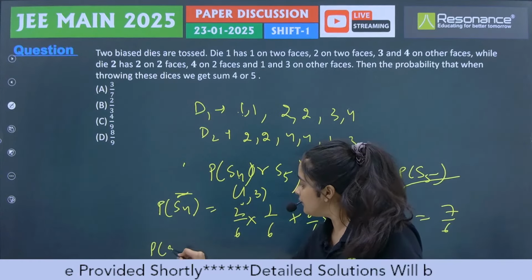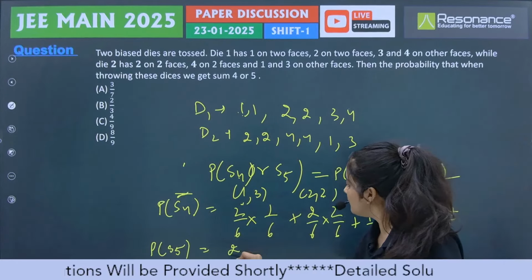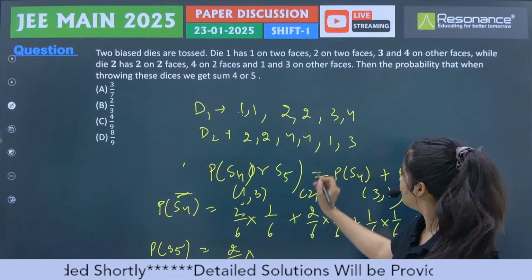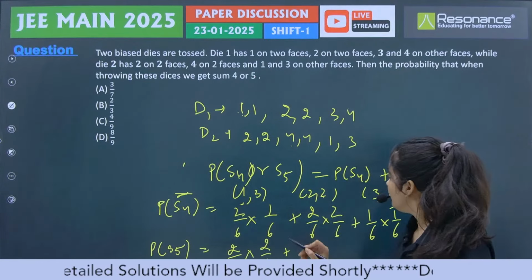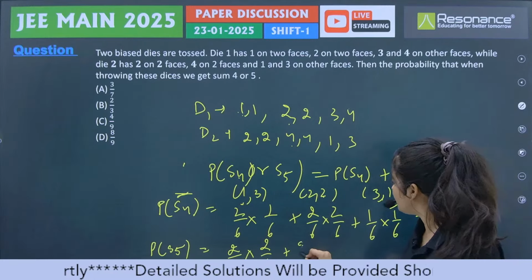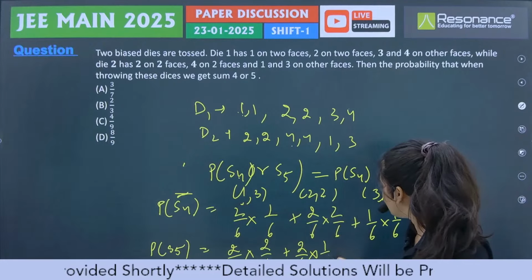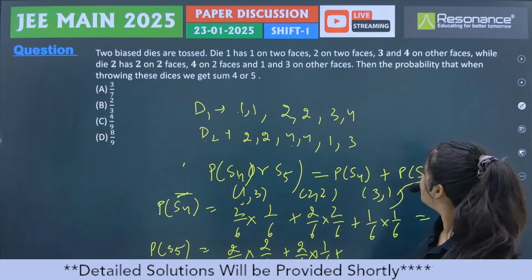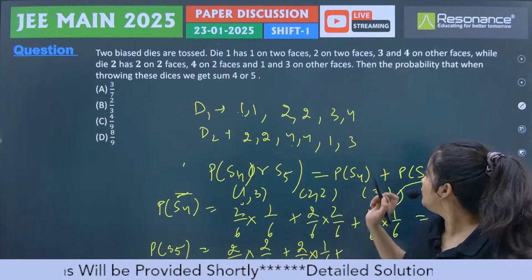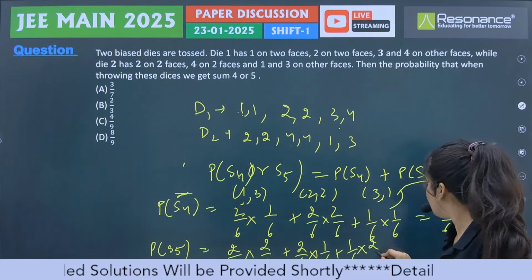Now the probability to get sum 5. You can have 1 comma 4: to get 1, 2 by 6, and to get 4, 2 by 6. Or 2 comma 3: 2 on the first die, 2 by 6, into 3 on the second die, 1 by 6. Or 3 comma 2: 3 on the first die, 1 by 6, and 2 on the second die, 2 by 6.